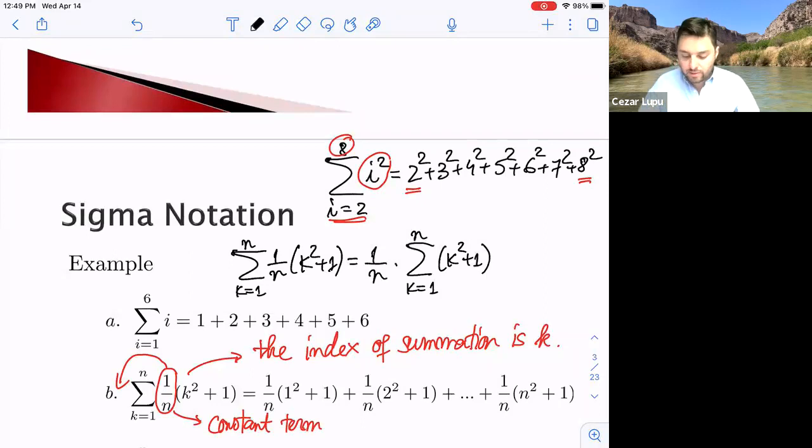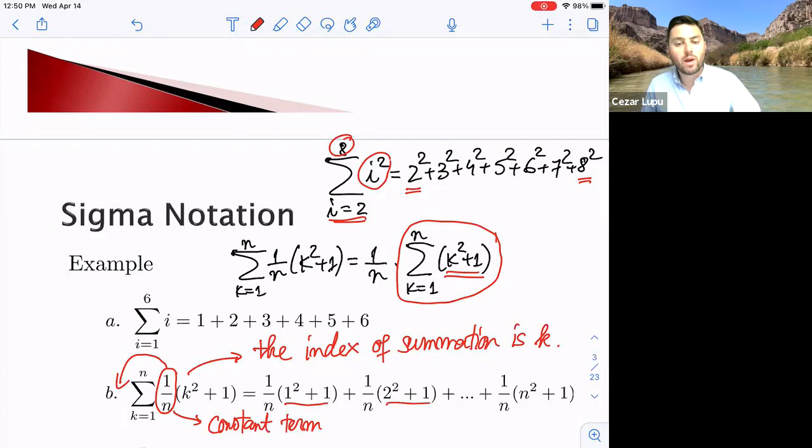And now guess what? How can we write this sum here? It says sum up all these numbers of this type from k equals 1 to n. Well, for k equals 1, we have 1 squared plus 1. For k equals 2, we have 2 squared plus 1.